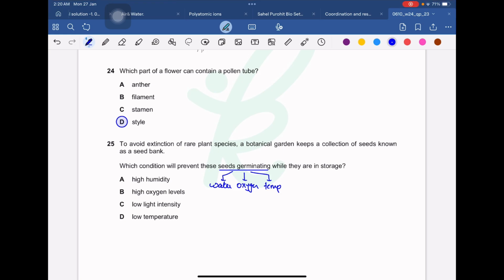So high humidity means more amount of water. That will enhance the germination. So this won't be the answer. Same goes with high level of oxygen, which won't be preventing, which will be enhancing the seed germination. Light intensity has no effect on germination of seed. That's why the right answer will be lower temperature.